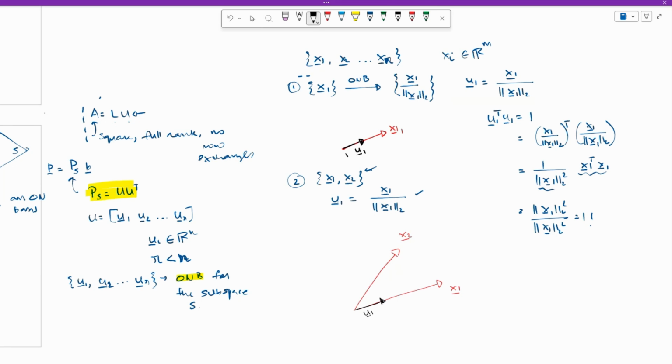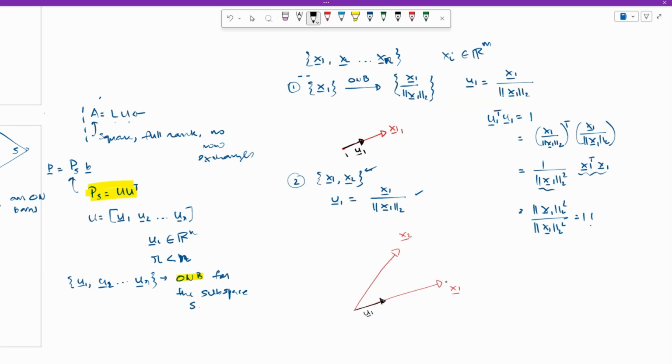The way we do that is, if you remember, when we do an orthogonal projection of a vector onto a subspace. For example, if I asked you, can you give me the orthogonal projection of x2 onto the subspace spanned by x1, how would you compute it?